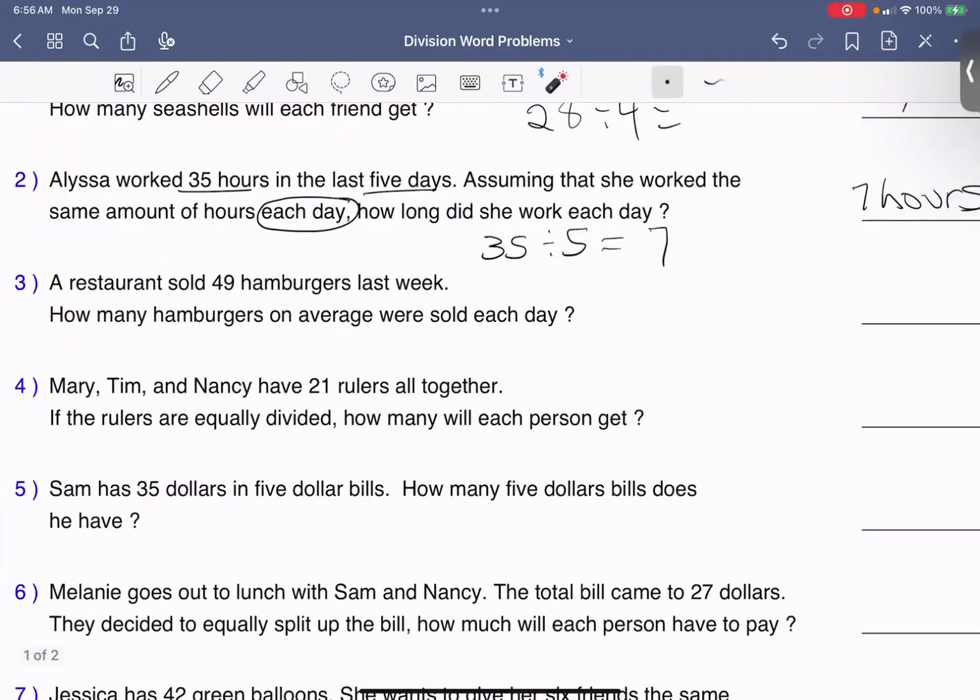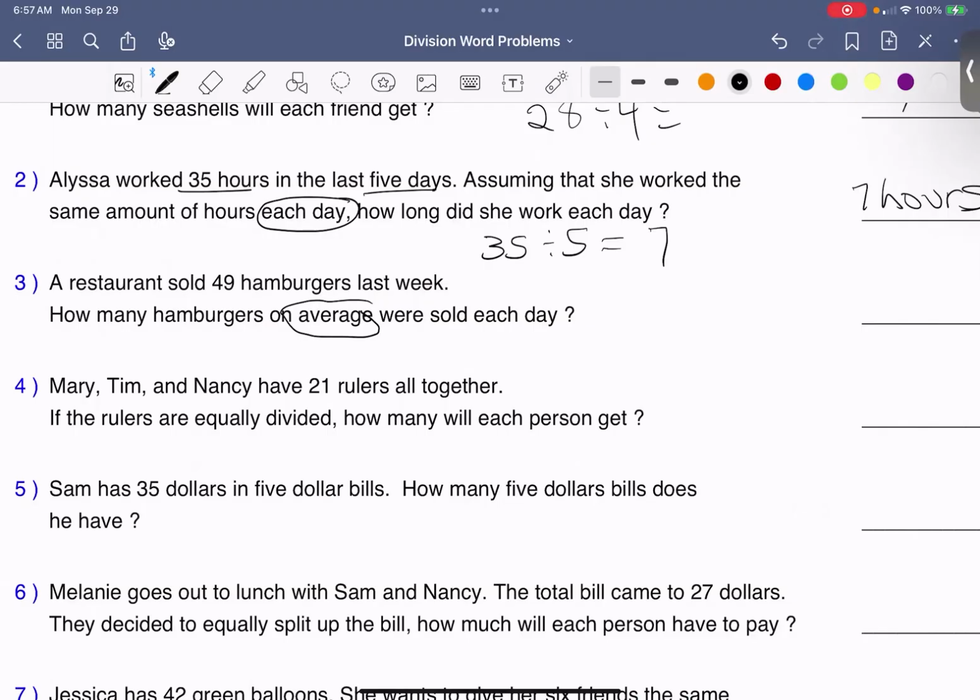Number 3, a restaurant sold 49 hamburgers last week. How many hamburgers on average were sold each day? So the word average is a dividing word because in order to get the average of something, you have to divide a number to get the average.